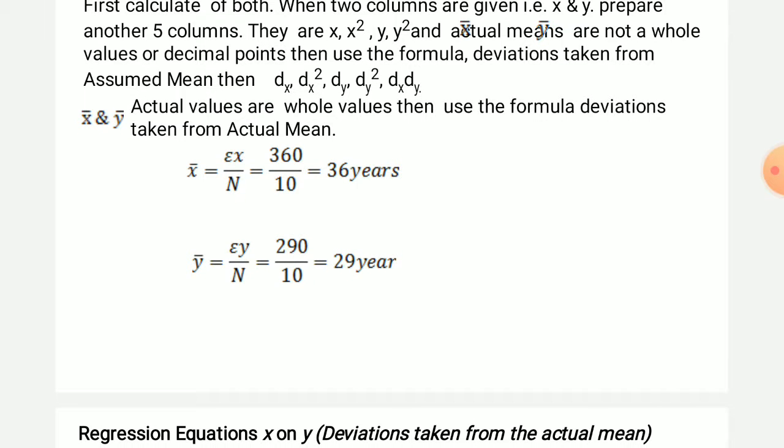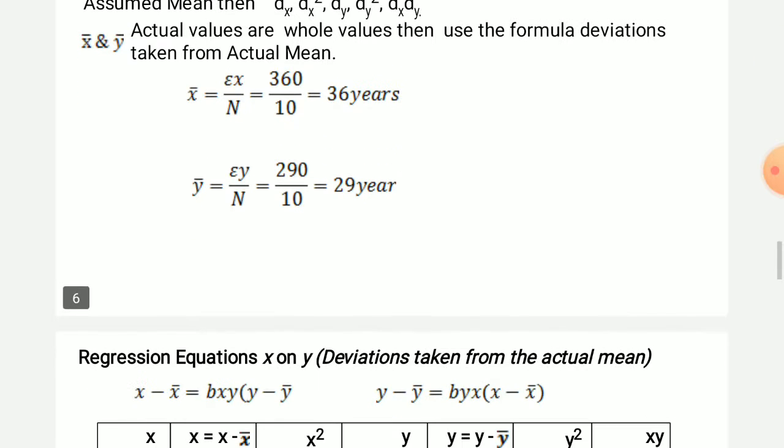Therefore x bar is equal to sigma x by n. Sigma x is equal to 360 by 10, the number of observations being 10. Therefore x bar is equal to 36 years, and y bar is equal to sigma y by n equals 290 by 10 is equal to 29 years. So here we got the arithmetic means for x and y.